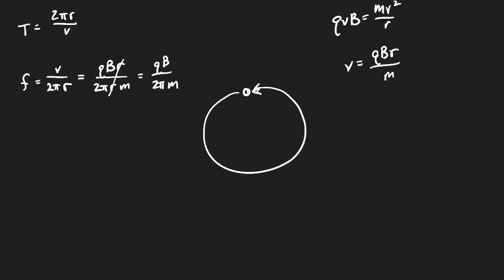Now, I hate to do this to you because I'm not trying to rub it in your face, but q over m. I don't know that you've paid real close attention to this, but q over m shows up all the time this year. Once a particle's moving, the charge to mass ratio seems to be all over the place.